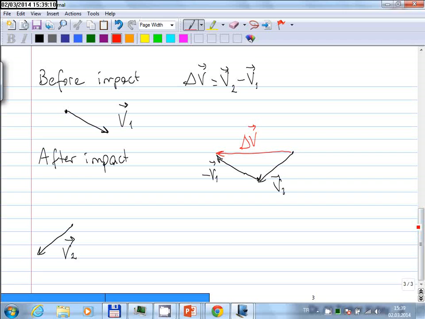So a change in velocity means there was an acceleration, right? So if you remember the second law of motion, it says if an object is acted on by a force, then that object will go through an acceleration, or this works both ways. That means if an object accelerates, then an external force must have been applied to it.